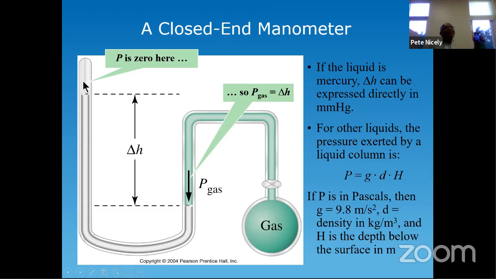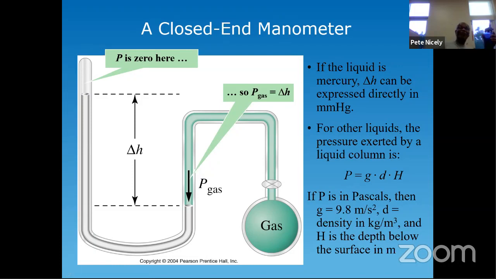Technically speaking, that's not 100% true, because any liquid in this situation will have some vapor above. But mercury, for a reason I won't go into, emits a very, very small amount of vapor. So in effect, right here is a vacuum, for most intents and purposes.